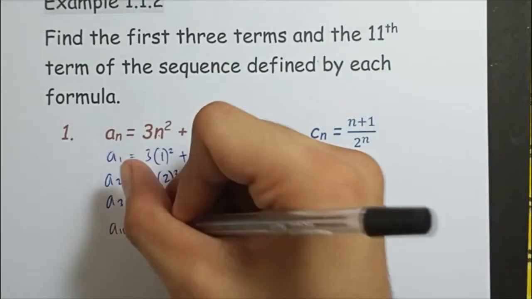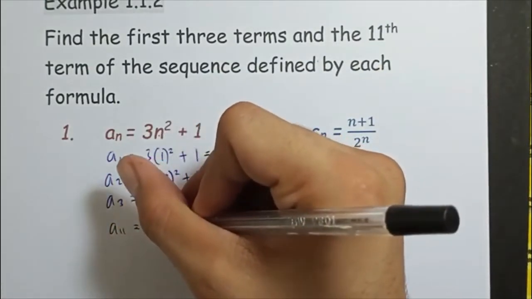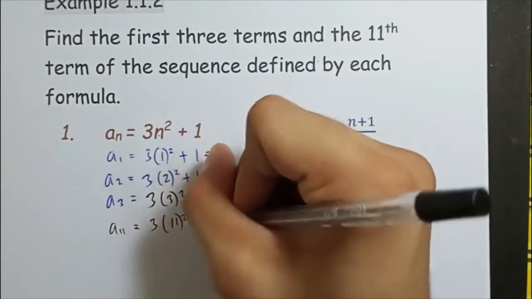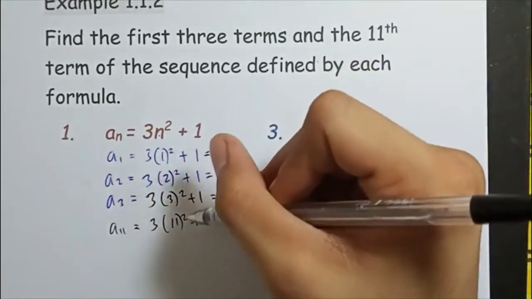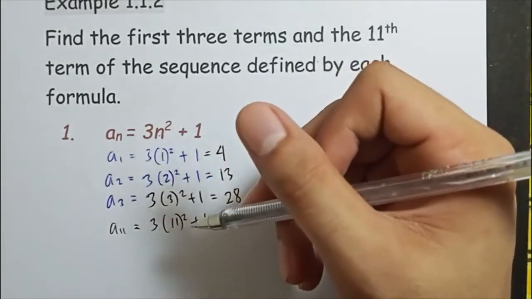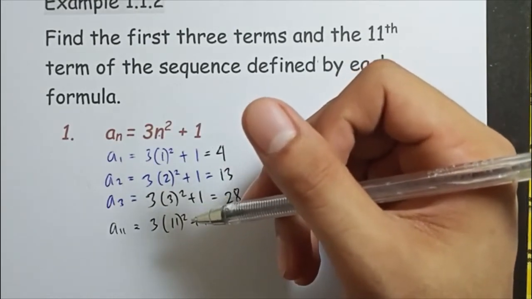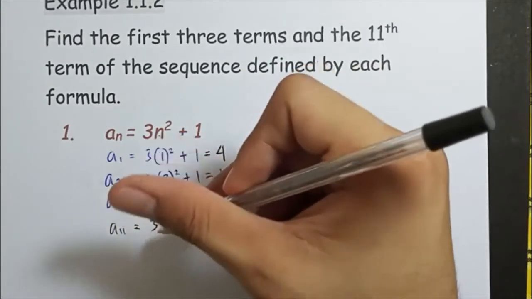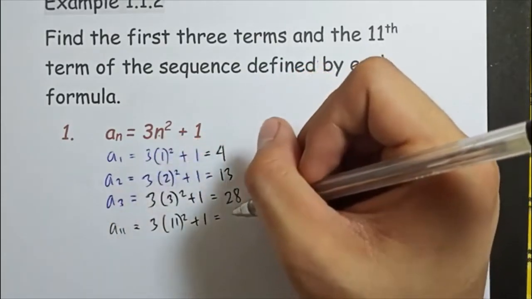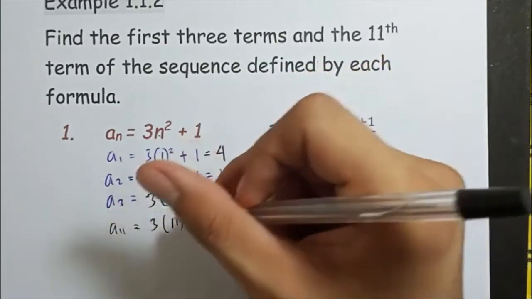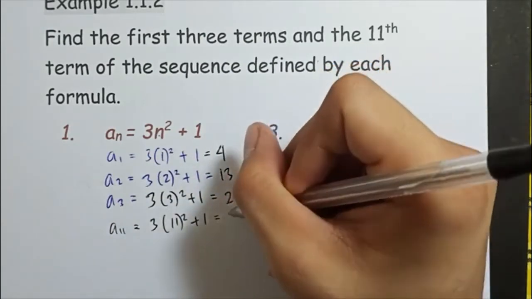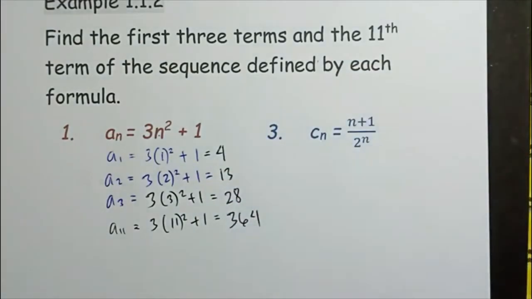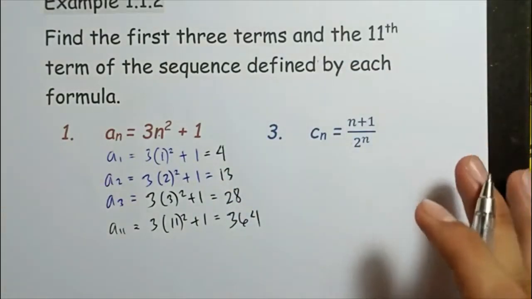Then a sub 11 is 3 times 11 squared plus 1. 11 squared is 121. 121 times 3 is 363 plus 1 is 364. So, ganun lang.